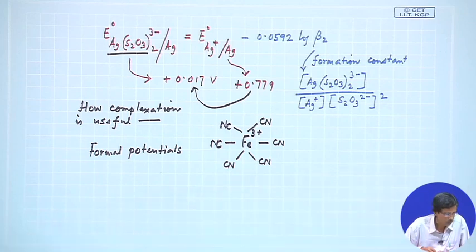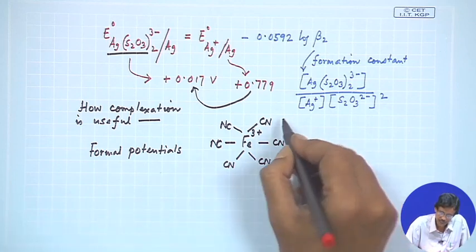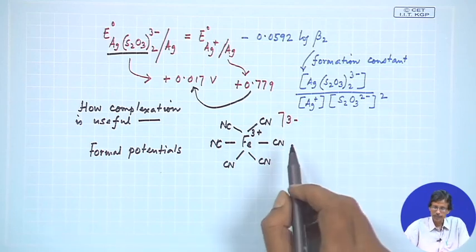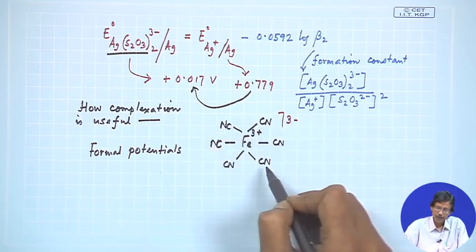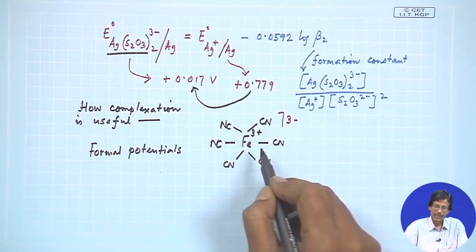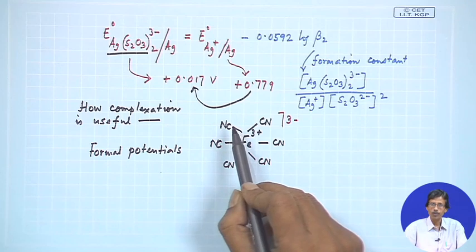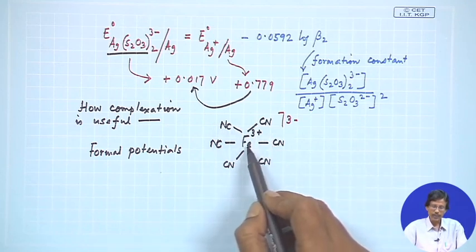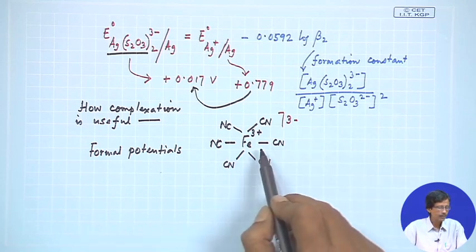It is the corresponding ferricyanide ion, Fe(CN)6 3 minus. With the formation of these species, does the electron transfer reaction take place at the same potential, close to the 0.77 volt we know for reduction of ferric ion to ferrous ion, or is it different?